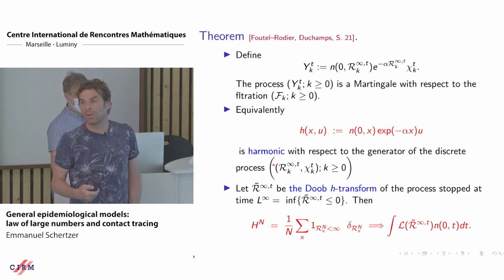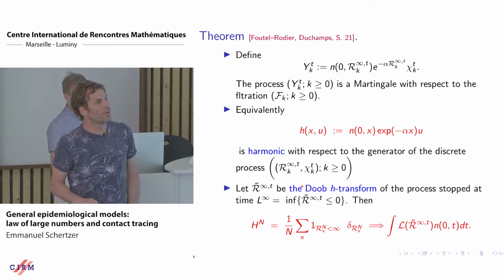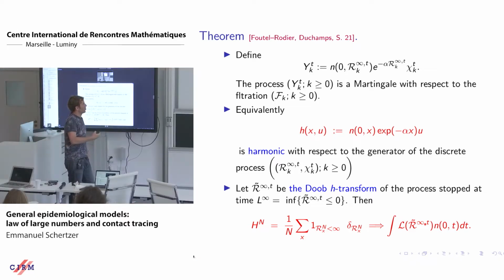And out of this harmonic function, you can construct a Doob h-transform. What can be proved is that when you look at the historical process, you have convergence to a chronological path, which can be described in terms of this Doob h-transform. It's a bit more cumbersome, but it's just a generalized way of conditioning your process on survival.